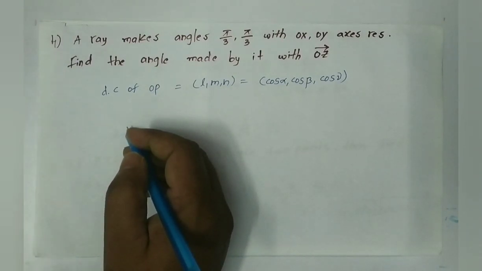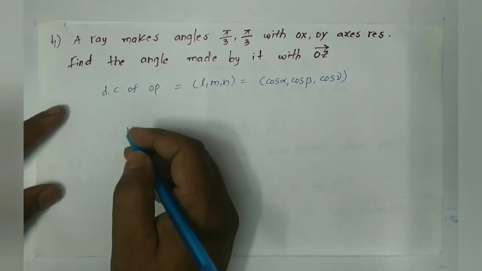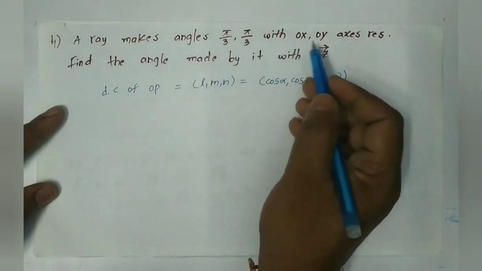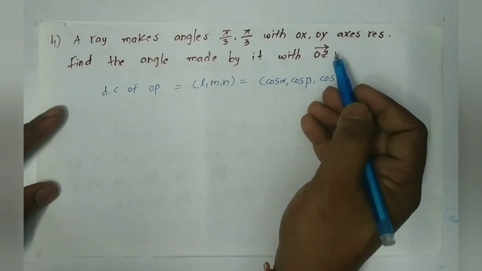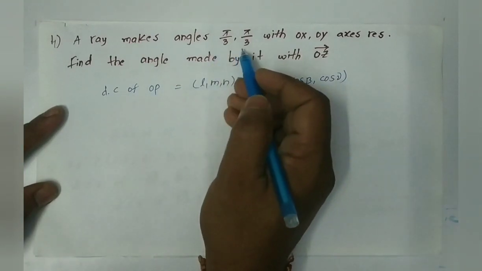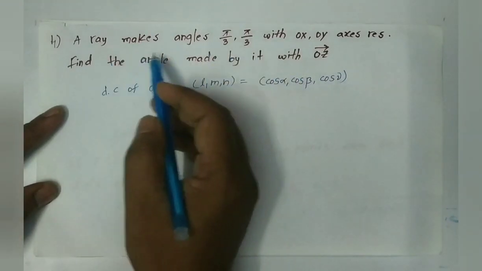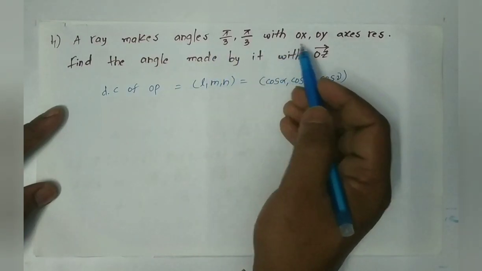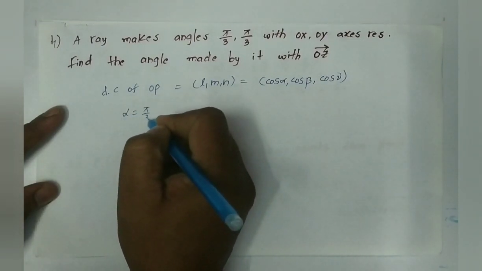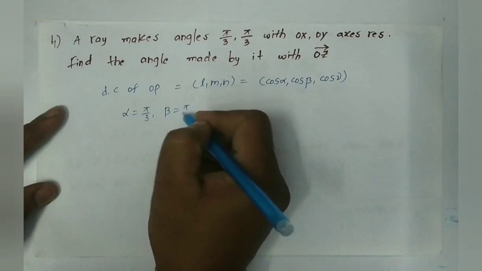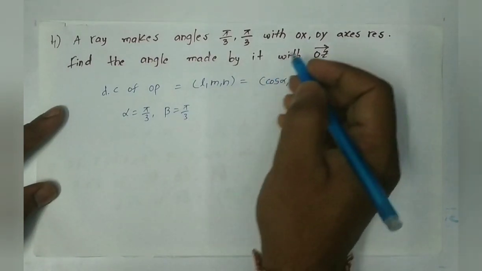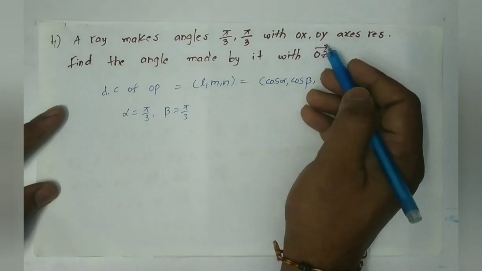Students, if you observe, in this problem a ray makes angles pi by 3 with OX and OY axis respectively. So here we are given alpha and beta: alpha is pi by 3, beta is pi by 3, because alpha and beta are the angles with OX and OY axis respectively.